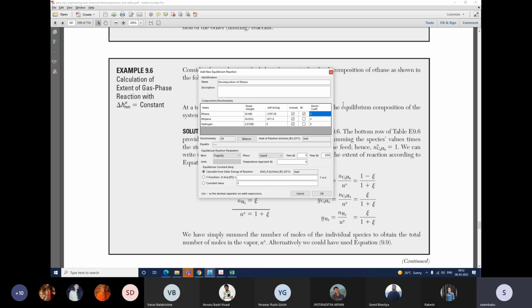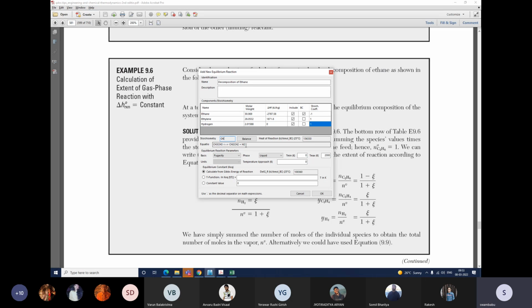Ethane is -1, that is reactant. Ethylene is product, +1, and hydrogen is product, +1. Once you enter the stoichiometric coefficients, check the balance; if it balances, it will show OK. If it doesn't balance, it will show you some number.